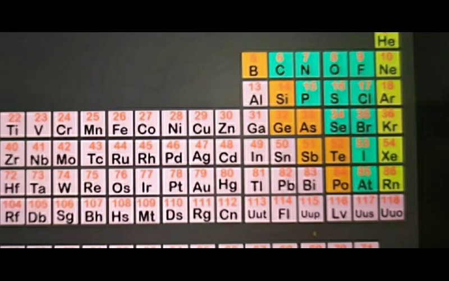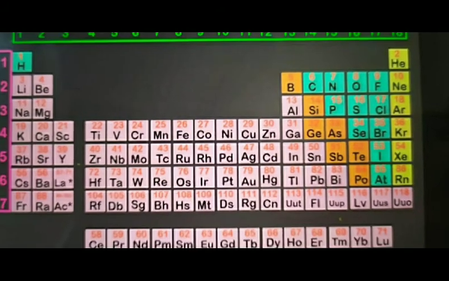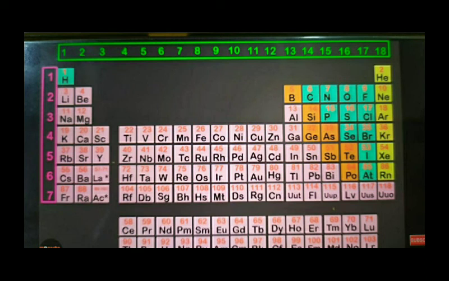There is a zigzag line in the modern periodic table, and on the zigzag line lie the elements boron, silicon, germanium, arsenic, antimony, tellurium and polonium. These elements divide the modern periodic table, so that on the left side we can see the metals and on the right side the non-metals.